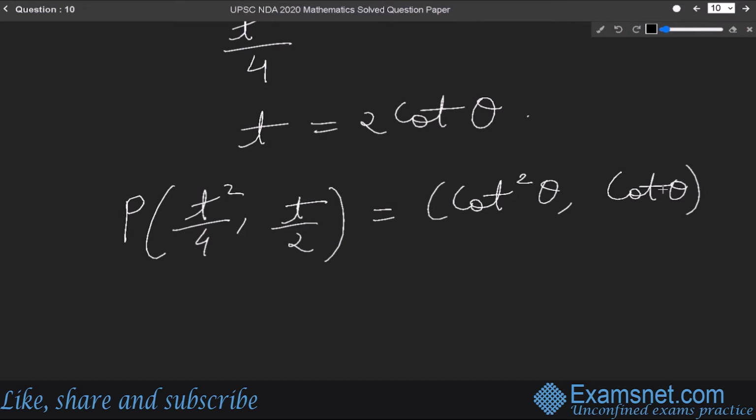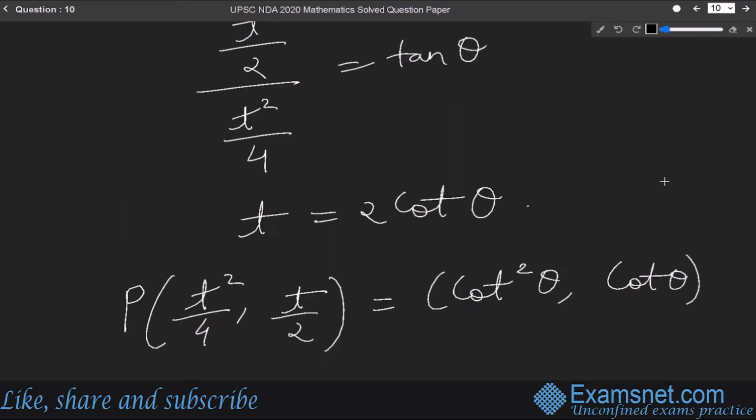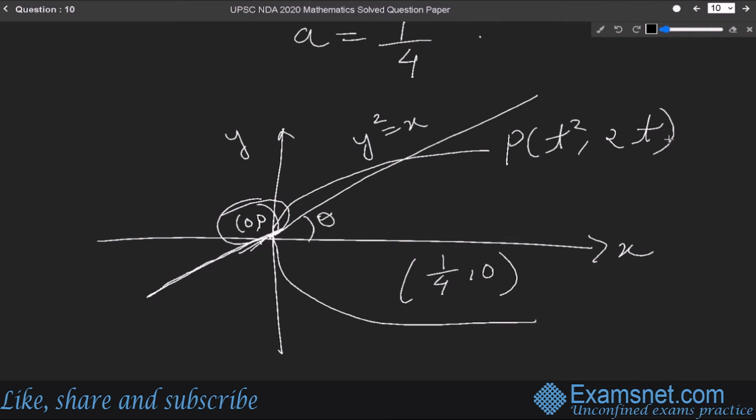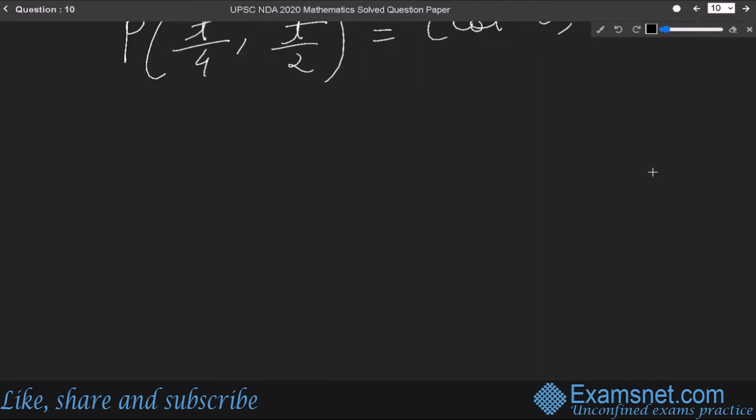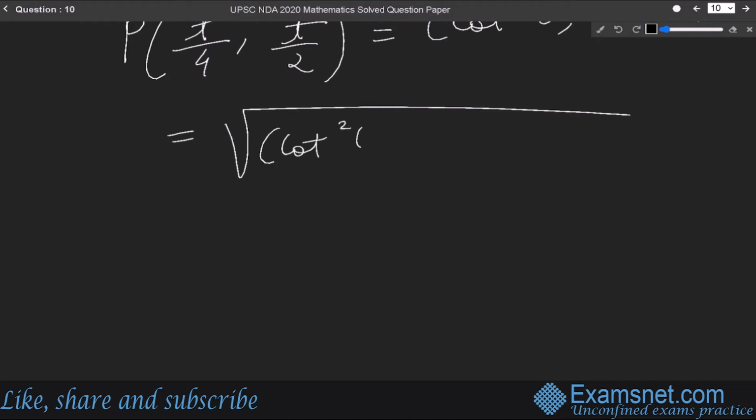Now we have to find its distance from the vertex (0, 0). Means we have to find the distance from the vertex, which is here, to the point P. We have to find the distance here. So for the distance, the formula is under root of (cot square theta minus 0) whole square plus (cot theta minus 0) whole square.